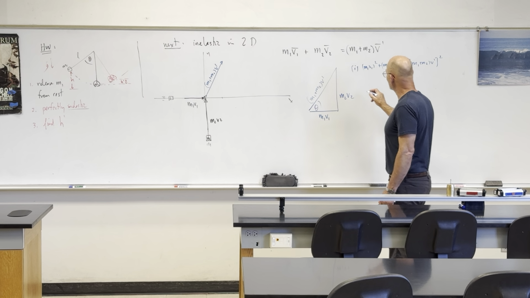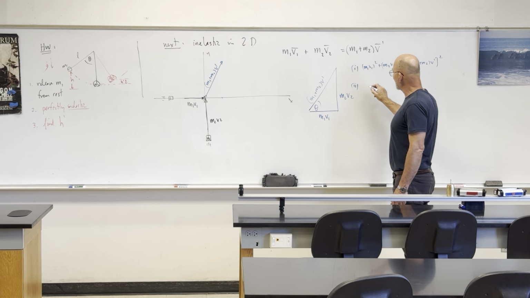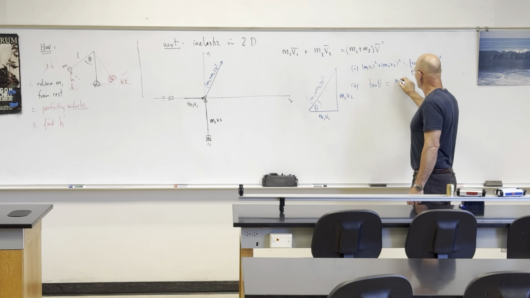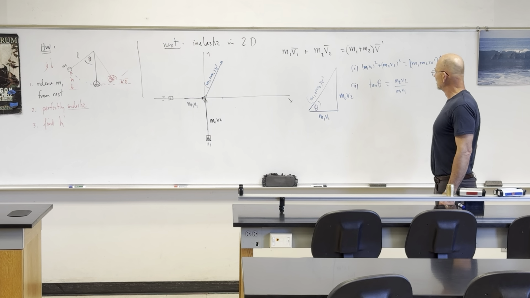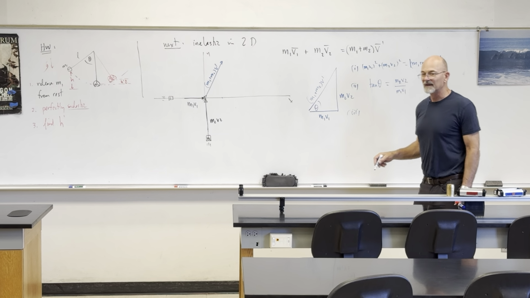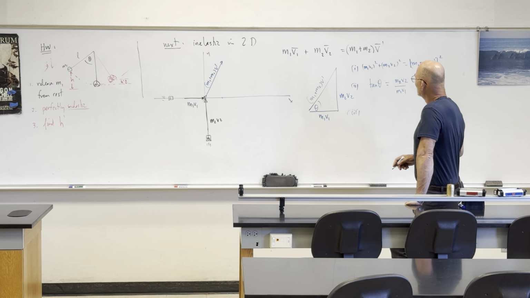Okay. And what else do we have here? You could say, well, the tangent of that angle is equal to M2 V2 over M1 V1. Well, as many relations as you can come up with. You have to be given enough information to solve for the whole thing.